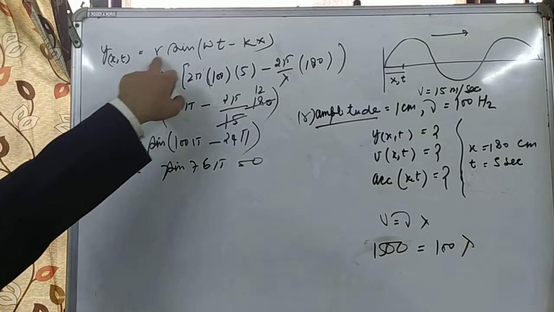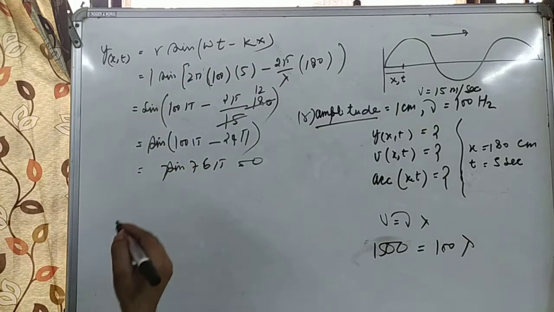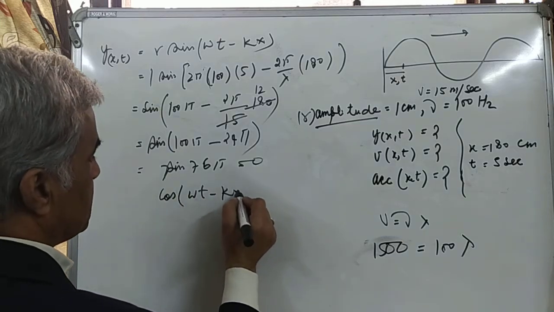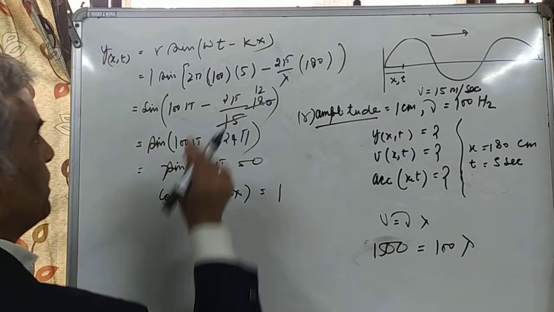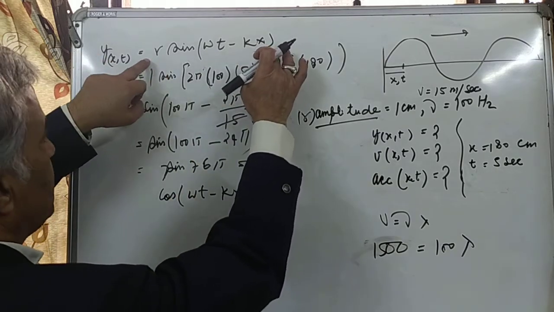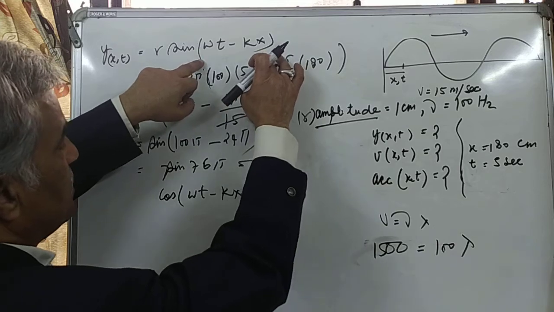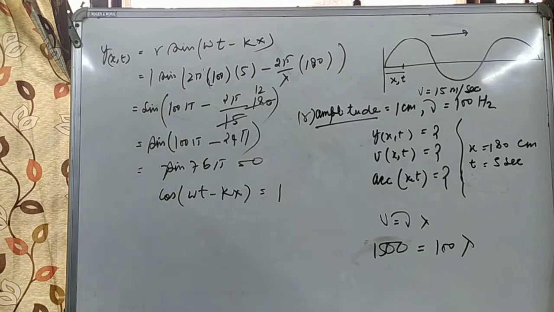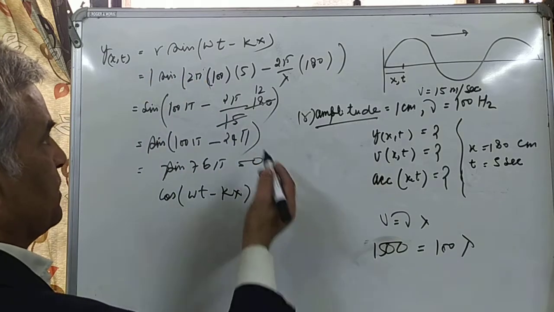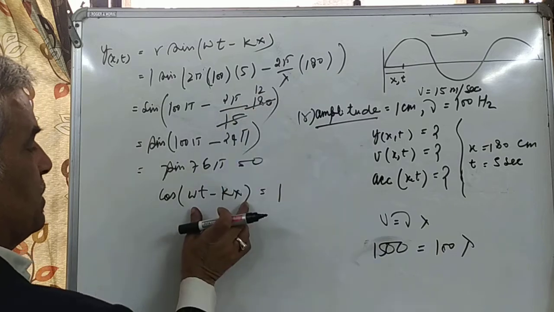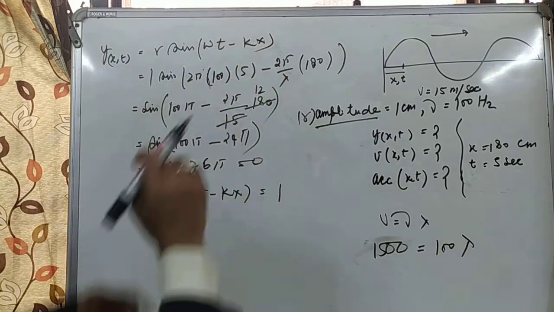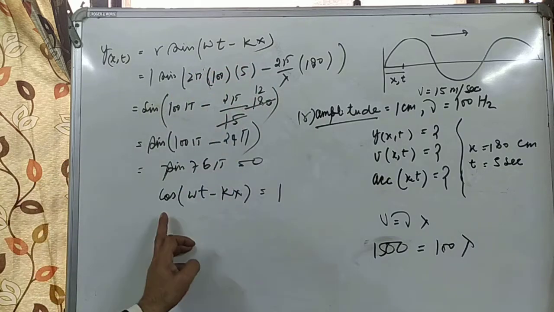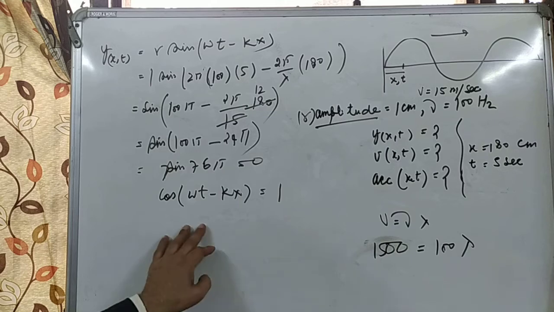If the sine function is 0, then cos(omega t minus kx) will be 1, since cos 0 is 1.